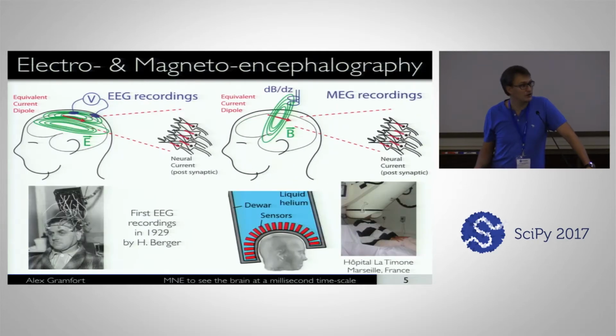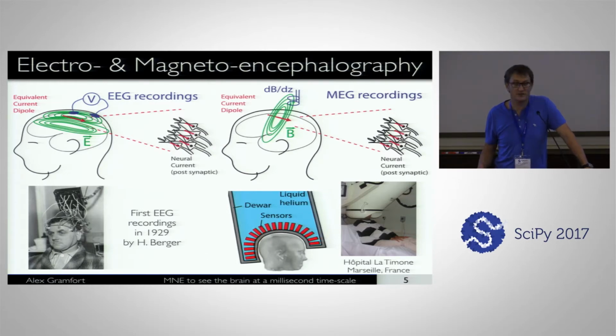If you're wondering how we measure these types of things, this is a very old picture at the bottom of the historical setup of EEG recordings, where basically you stick electrodes on the skin of people and measure differences of potential, which gives you time series of potential in volts, on the order of a few microvolts.